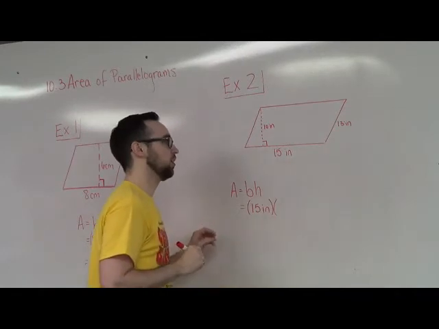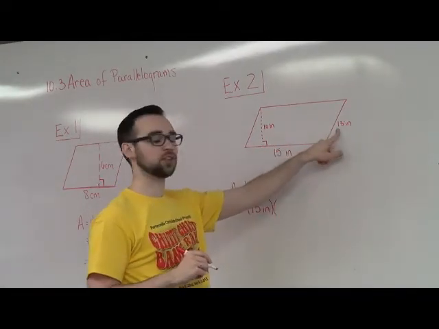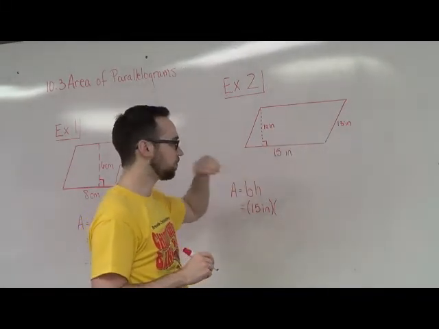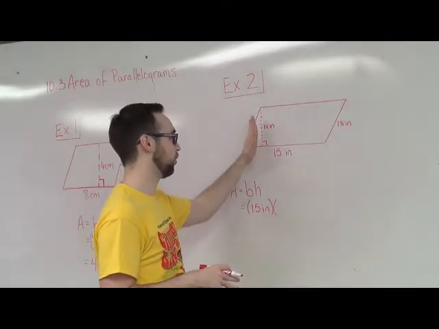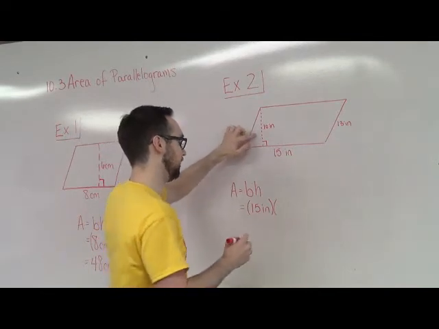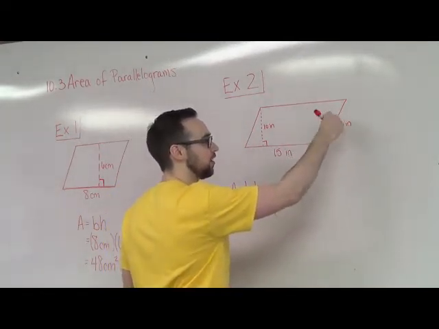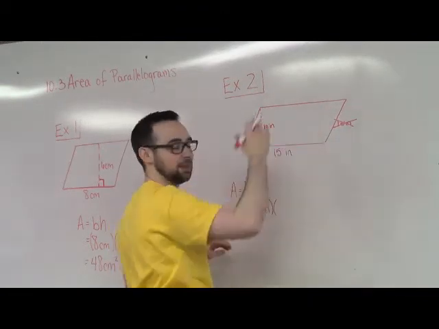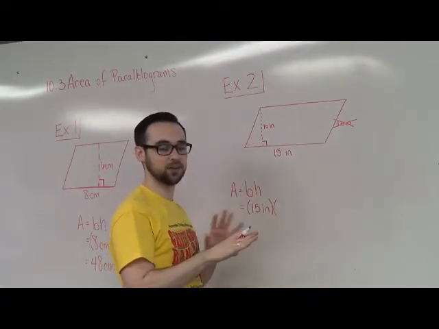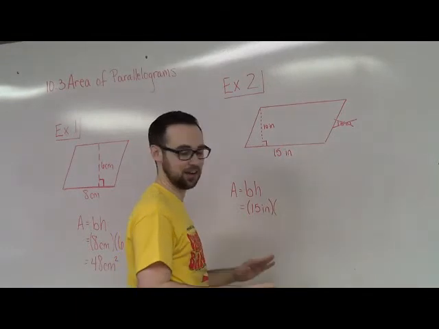Now we have 2 different ones, the 10 inches and the 13 inches. Which one is this going to be? You want to choose the one that's perpendicular to the base. So it's going to be the 10 inches. It's not the 13 inches. That's just the diagonal over here. That means nothing to us. That diagonal is never used to find the area.